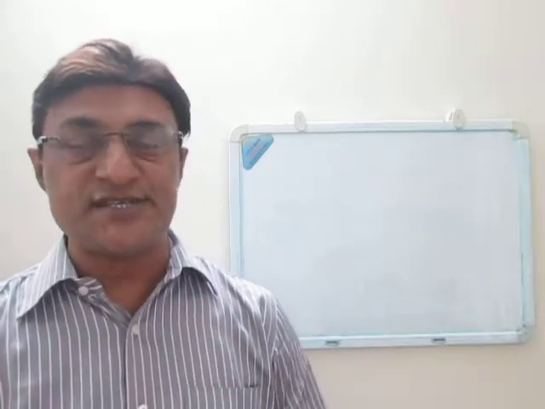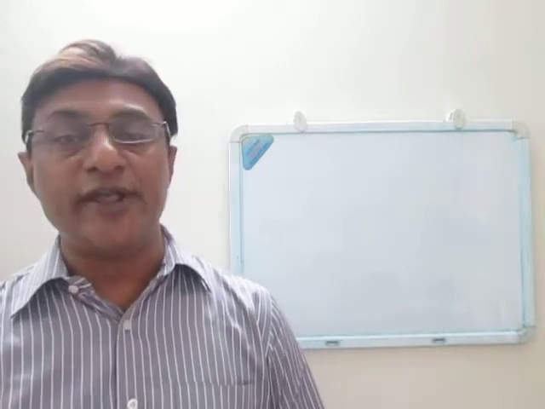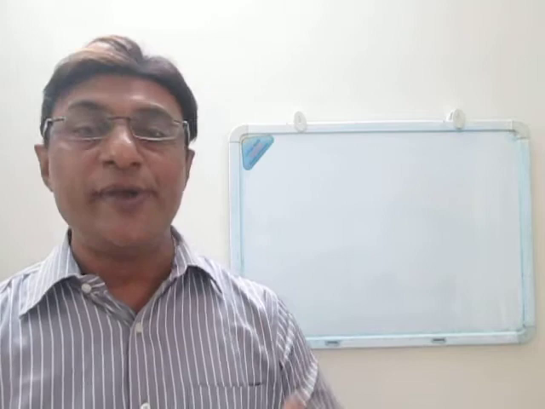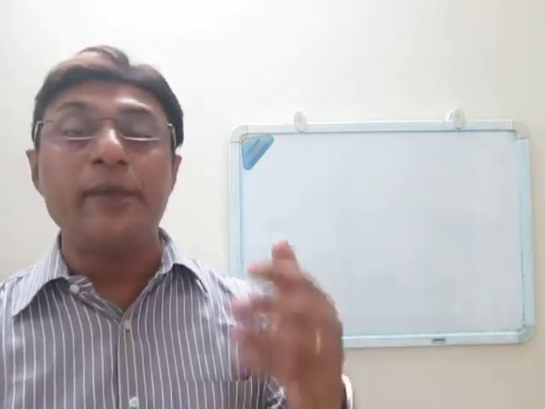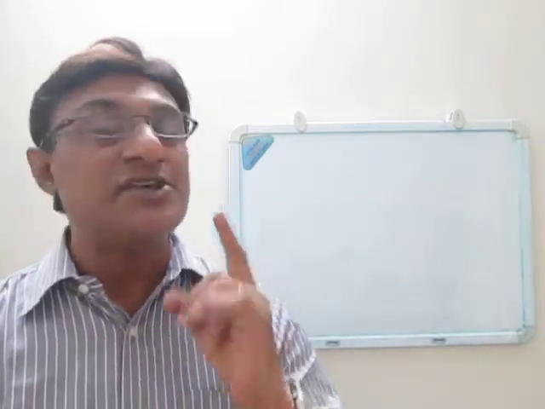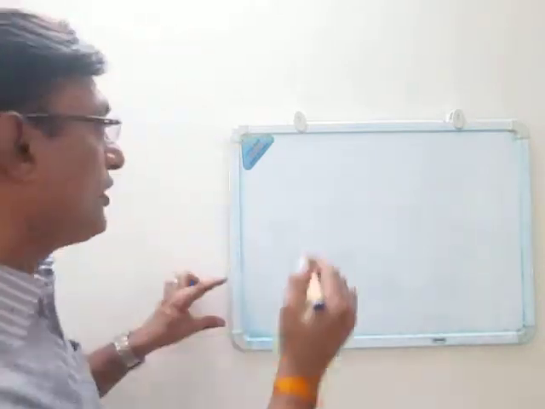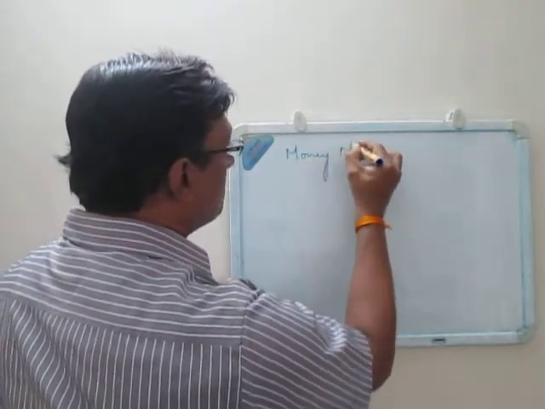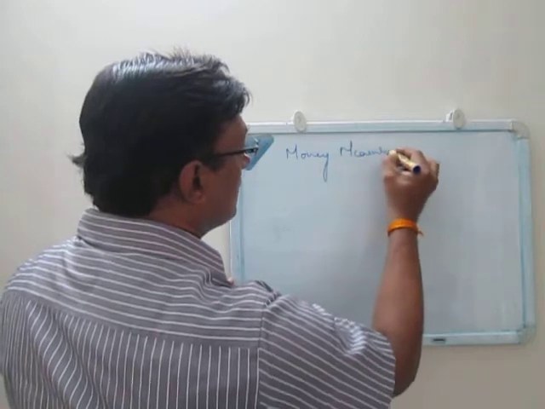So on the business transactions, let us revise or brush up what we have already done. A business transaction to be recorded, to be booked or to be accounted in the books of account, must be measurable in terms of money. We call it the money measurement concept.